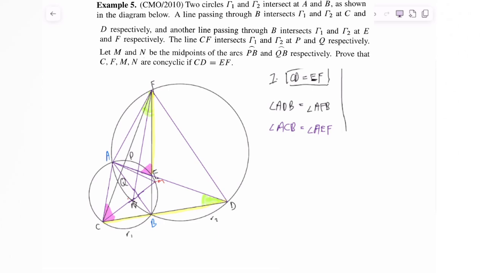So what do you see here? This just shows that triangle AEF is similar to triangle ACB. Okay.